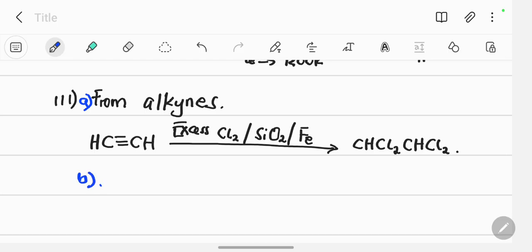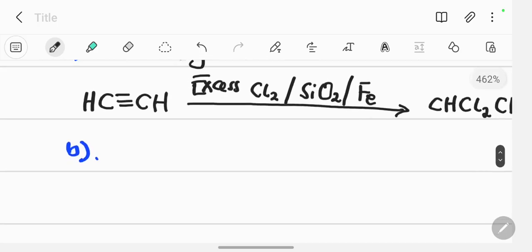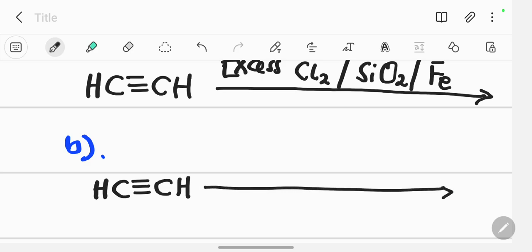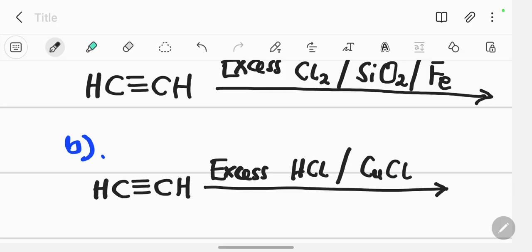Then part B of that section is going to be, if I'm having that very example, HC triple bond HC, and I add in excess hydrogen chloride, and I put there copper 1 chloride.